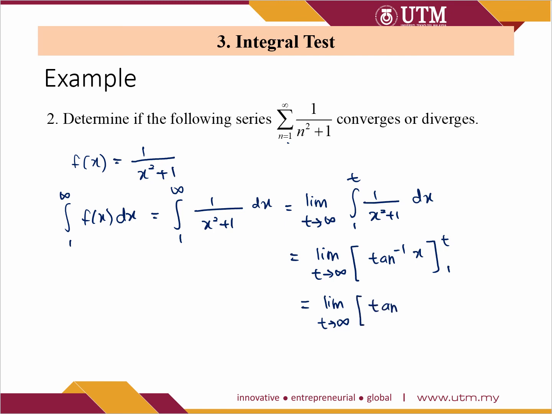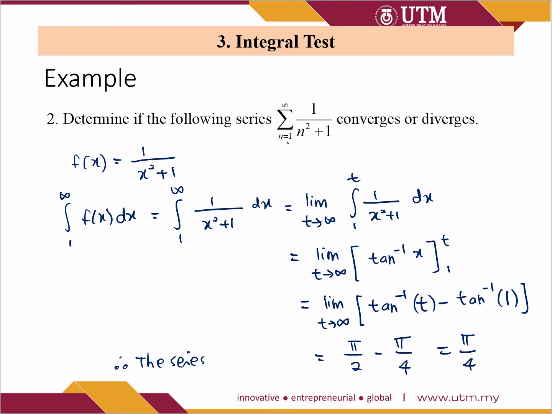So here would be this minus inverse tangent of 1. The inverse tangent of infinity is equal to pi over 2, minus the inverse tangent of 1, which is equal to pi over 4. So your final answer would be pi over 4. Since we got a value, pi over 4, it means that the series converges.